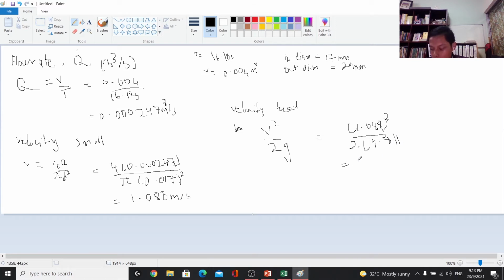So we got 0.06 m H2O. So this is the velocity head. I don't think everybody can see it, but okay, I will explain more.